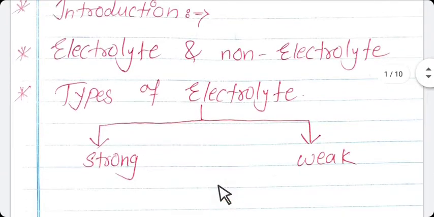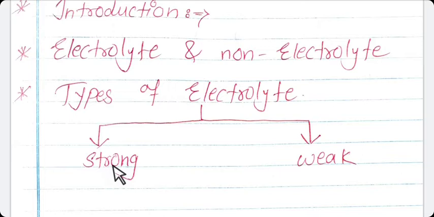Electrolytes are of two types. One is strong electrolyte and another is weak electrolyte. Now, what is a strong electrolyte? Students, first you have to be clear that electrolytes, when dissolved in water, give rise to ions.